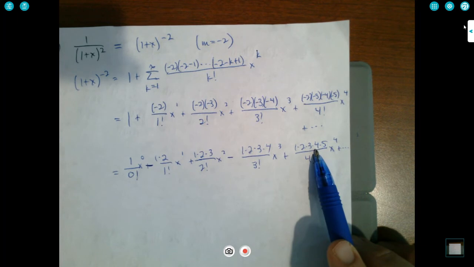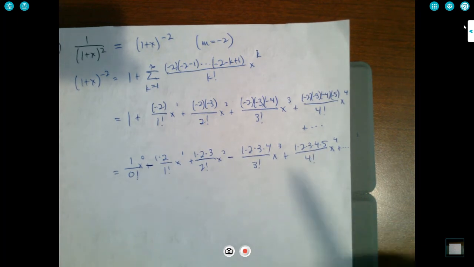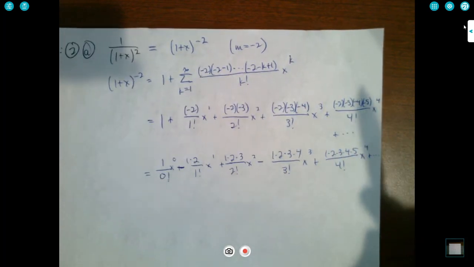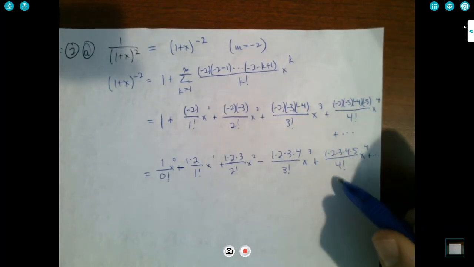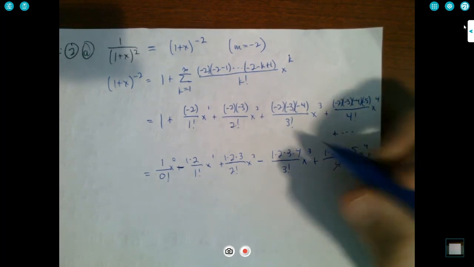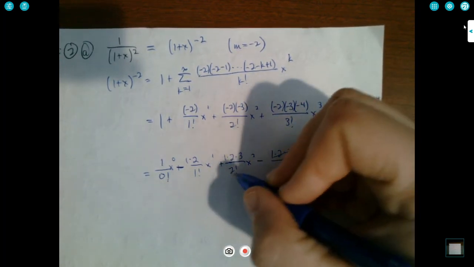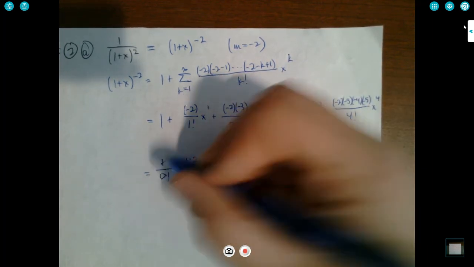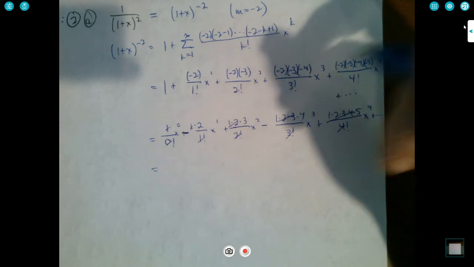So it looks like I've just got a factorial up here. In fact, I get a lot of cancellations, because 4 factorial is 4 times 3 times 2 times 1, so that cancels all of that, and I'm just left with a 5. 3 factorial will cancel that stuff. 2 factorial will cancel that stuff. So I'm really left with this.